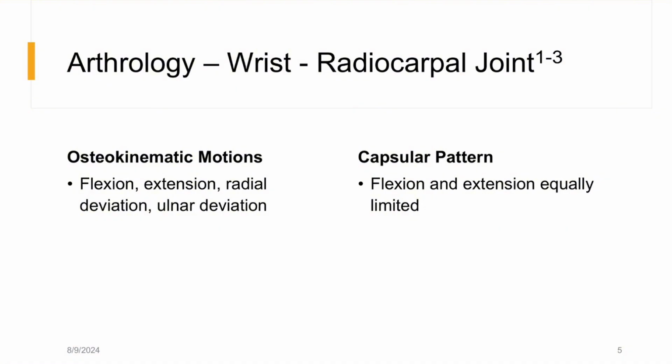So if your patient presents with a capsular pattern, what are we thinking? We're thinking some type of joint capsule pathology. I'll repeat that again. When your patient presents with a capsular pattern of restriction, we're thinking some type of joint capsule pathology.